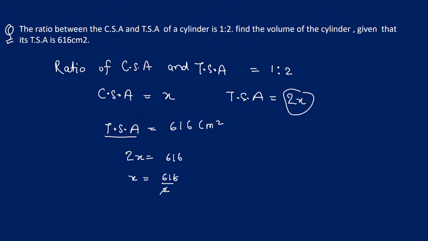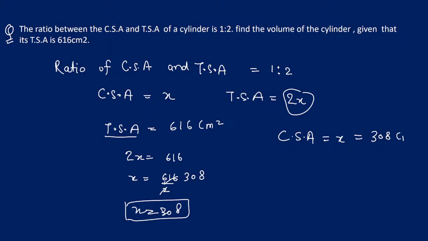Divide by 2: 2 threes are 6, and 2 eights are 16. The value of x is 308, and you know that x is the curved surface area. Then the curved surface area is x, and x equals 308 centimeter square is the curved surface area.